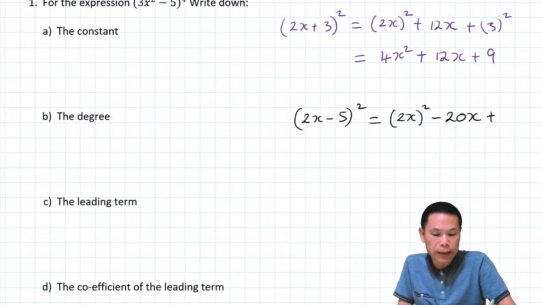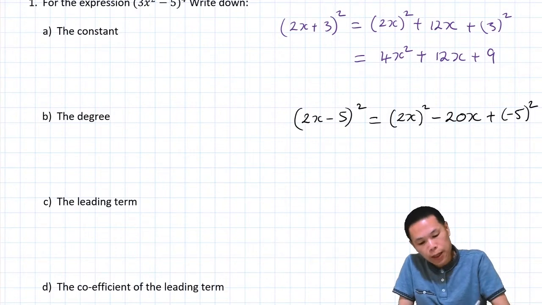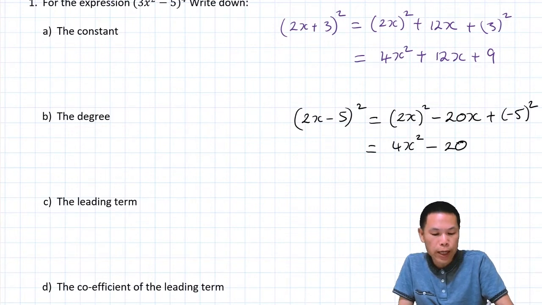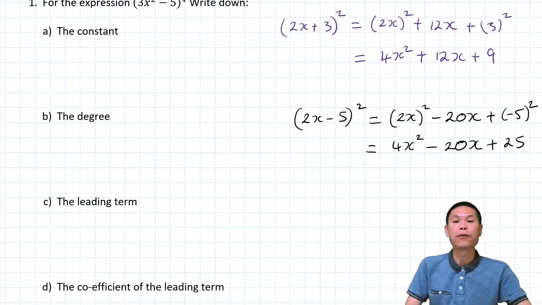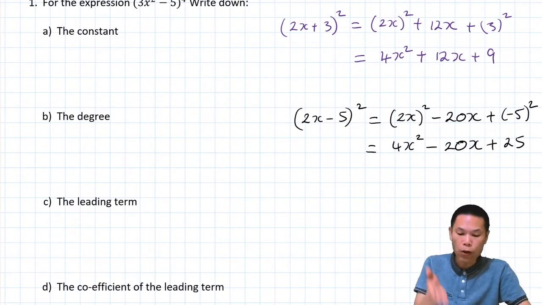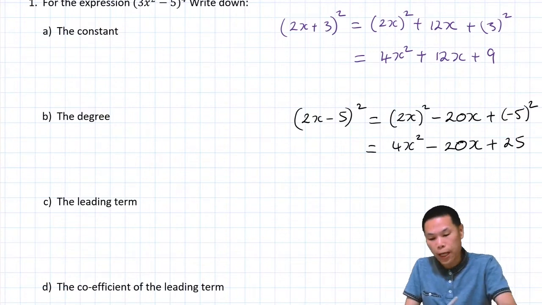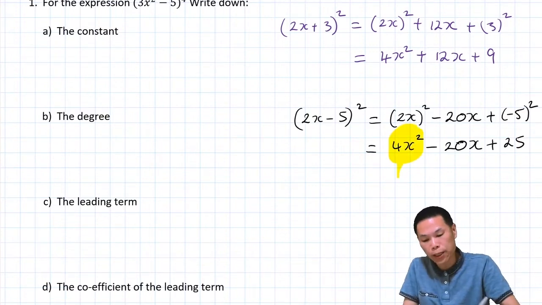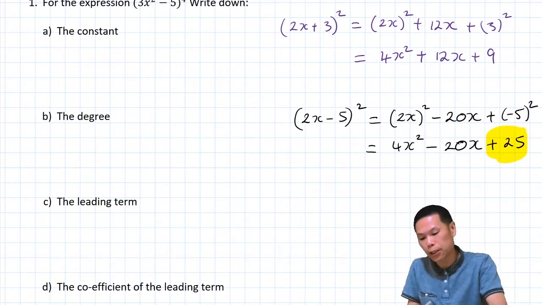And then plus negative 5 squared, correct? So that will give me 4x squared minus 20x plus 25. So the coefficient of the leading term is 4, the degree is 2, the leading term is 4x squared, and the constant is 25. So we can answer those.